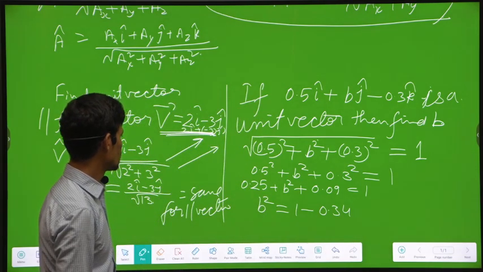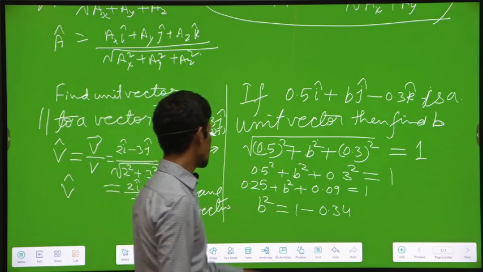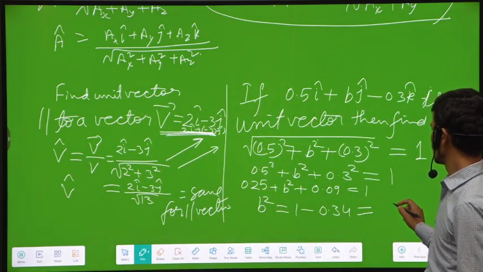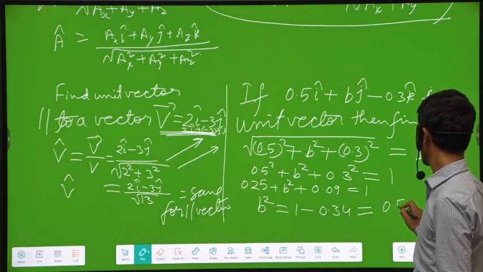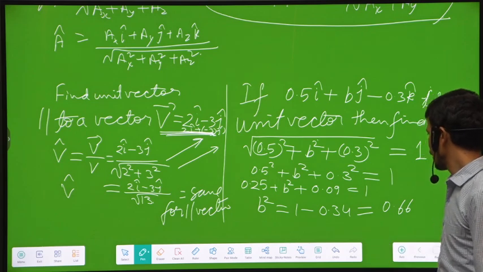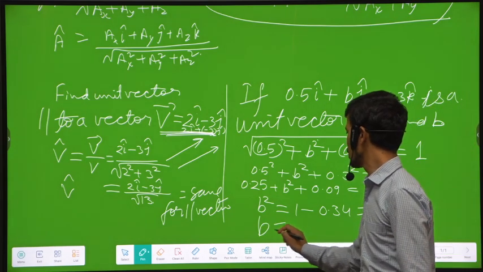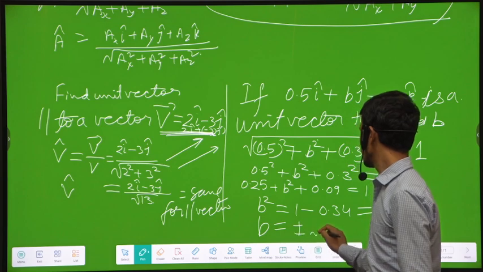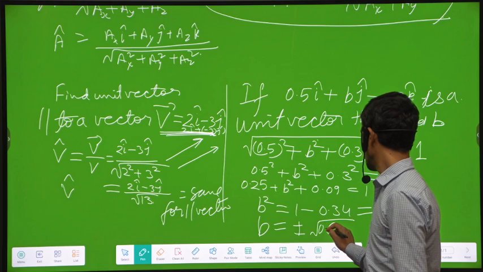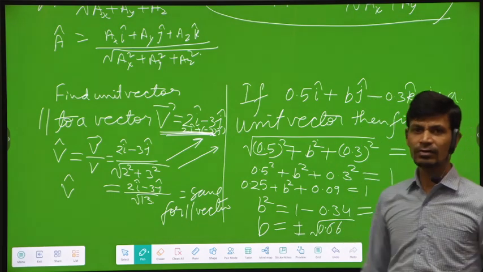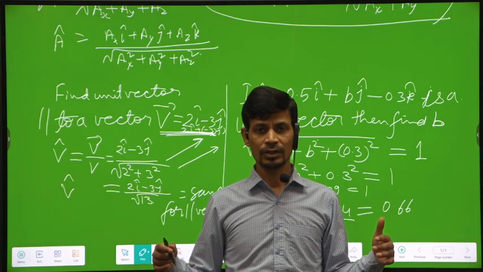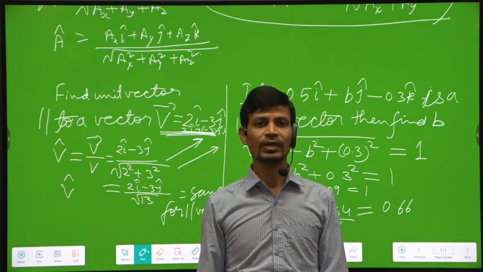Yes, of course, 34. So it will be 0.66. So b is equal to plus minus root of 0.66.